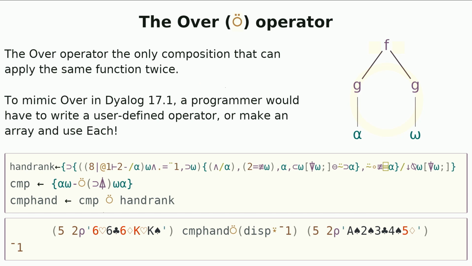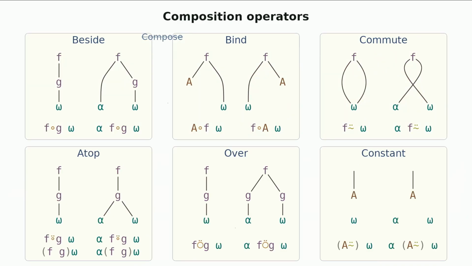So, over, I've used it a bunch of times here. It's a pretty nice way to move functions around. Here's just a diagram of now all the composition operators. What I mean by composition operator is an operator that doesn't really do anything. It doesn't look at what the elements of an array are or anything at all.